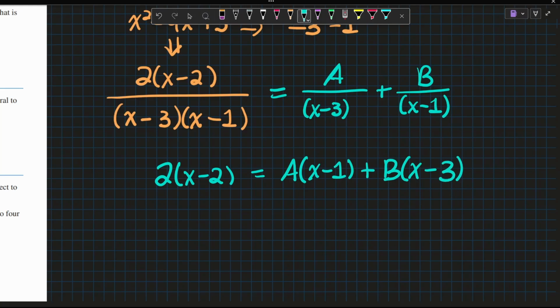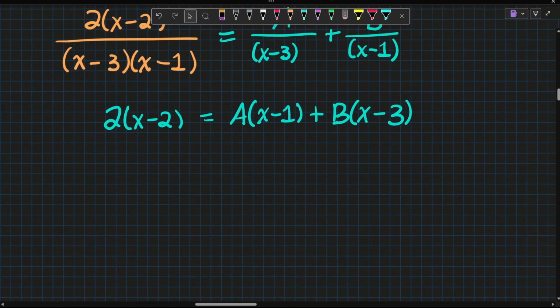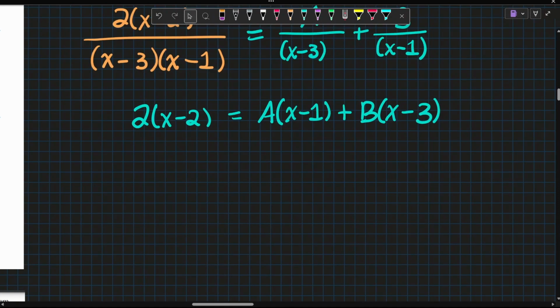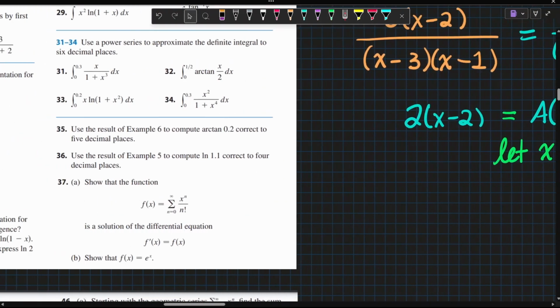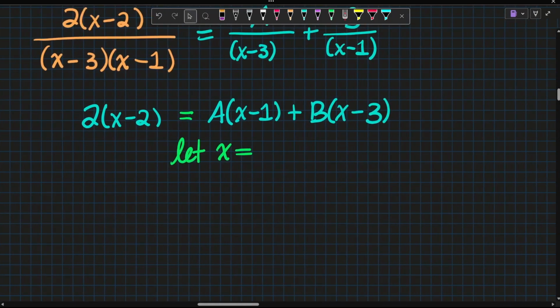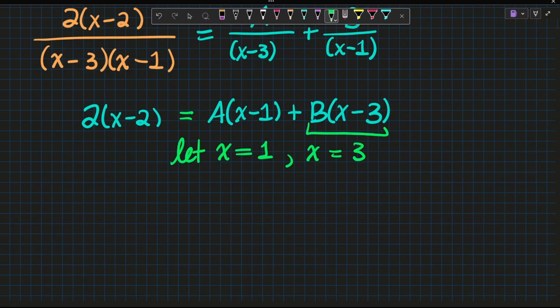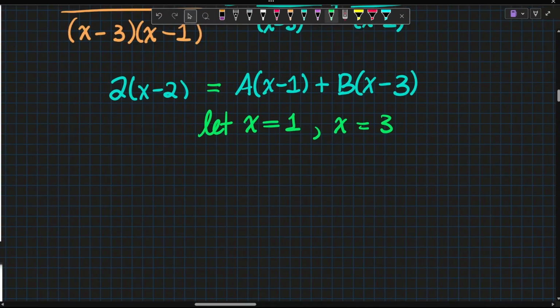Okay. Now this means we have to find a and b in the most efficient way possible. You would either expand or say let x equal to some specific value that allows you to isolate a and b. That can be easily done by finding x to be equal to 1 and x to be equal to positive 3, because that immediately allows us to cancel these terms out.